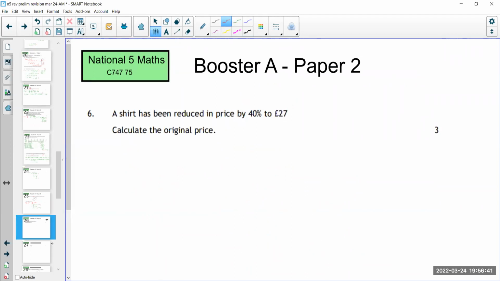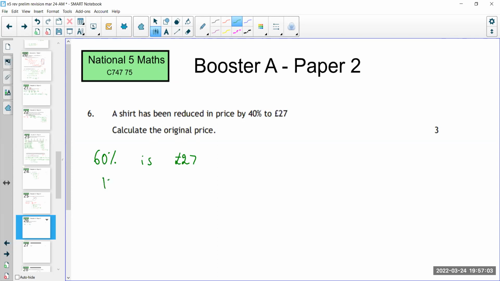In this one, I've got a shot that has been reduced by 40%. So that means 60% of the price is £27. I want to know the original price.